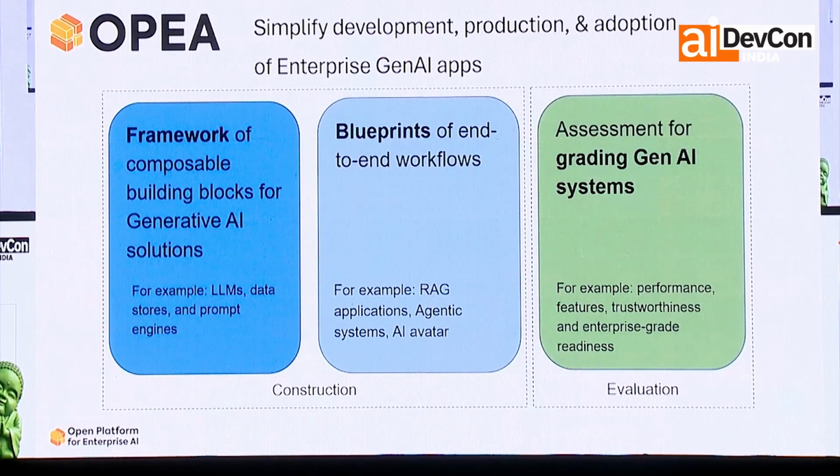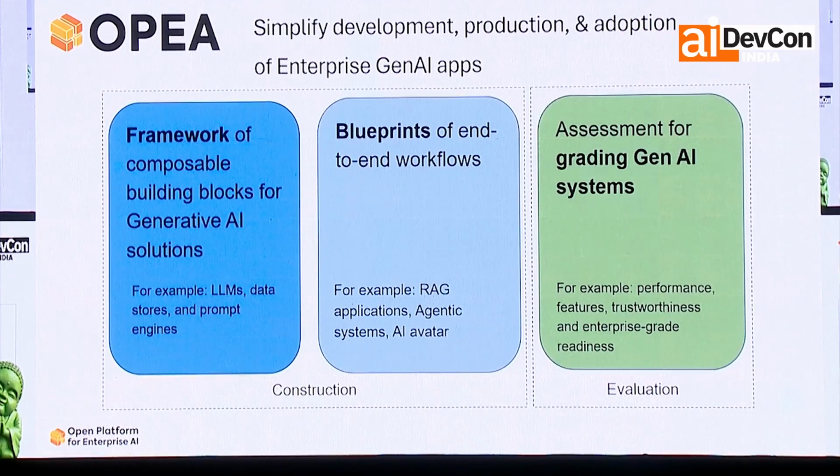Agentic systems are all included. The autonomous agents that perform tasks based on instructions are all available here. And AI avatars, yes, digital assistants or personas powered by AI for interaction, are also available as blueprints here for us. What is the purpose? Again, this simplifies the process of creating complex AI systems by offering ready-made templates.